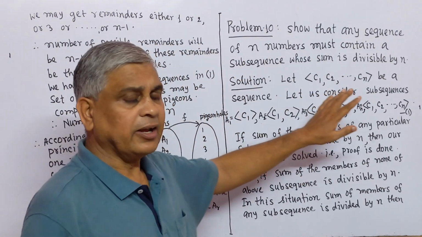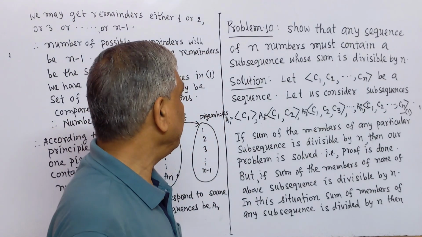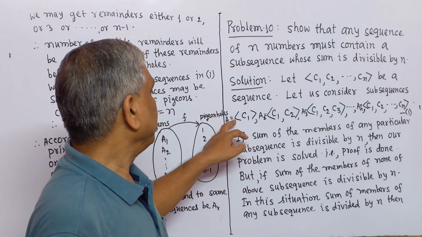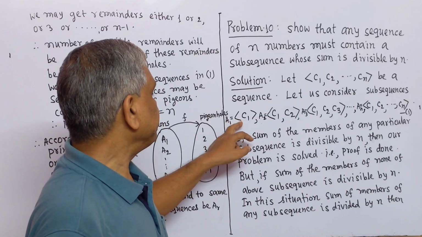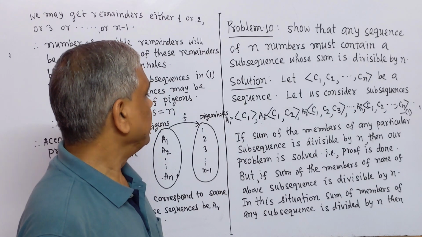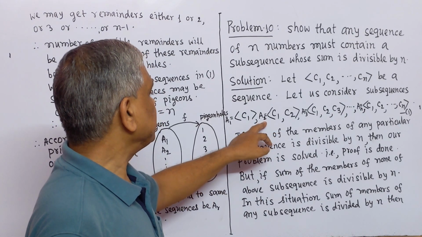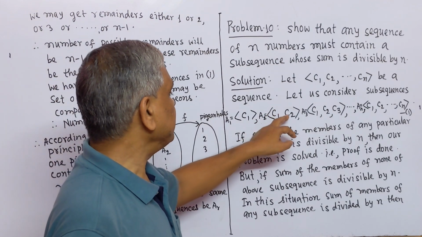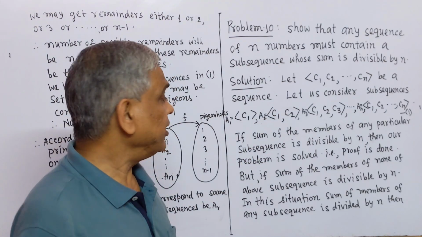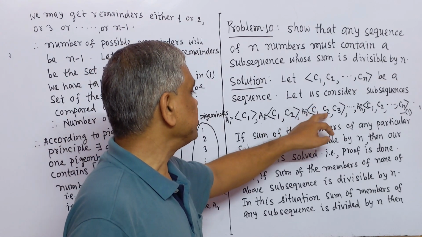Let us consider subsequences of this sequence. a1 is the subsequence containing only the element c1. The second subsequence is a2, which contains elements c1, c2. The third subsequence is a3, which contains elements c1, c2, c3.